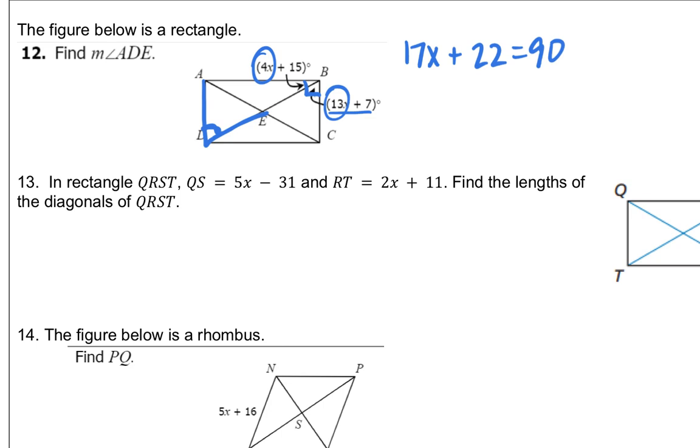So we got 90 minus 22 divided by 17. So x is 4, and then plug it back in. So 13 times 4 plus 7. So 59 degrees would be our final answer.